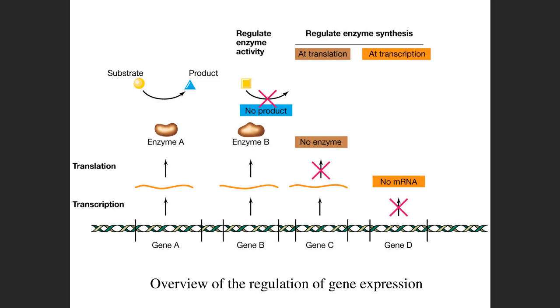So this is an example: gene A, at the right, is fully transcribed, fully expressed, but these three, B, C, D, represent different points of regulation.